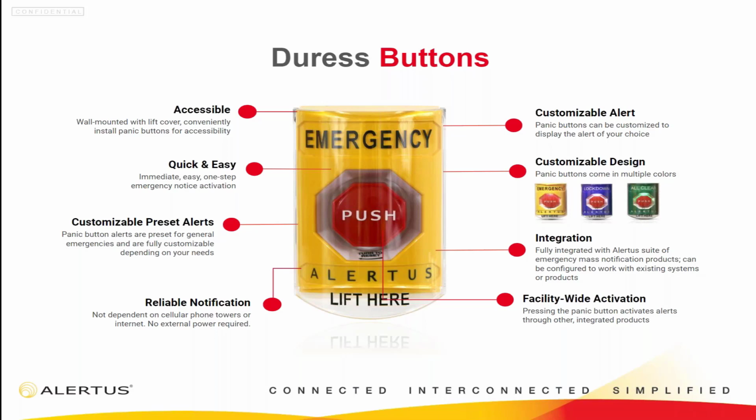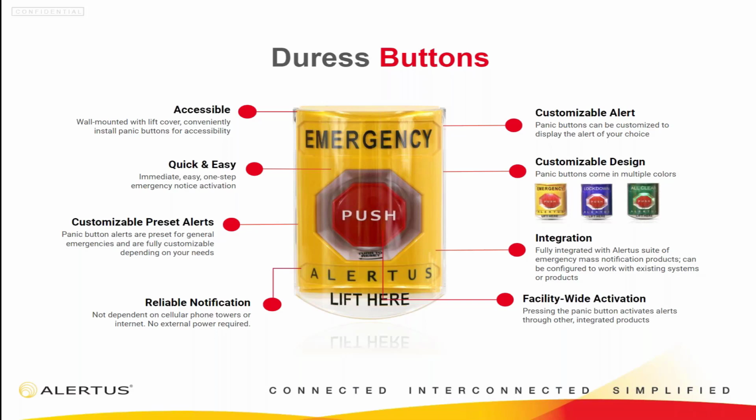If you have areas where you feel that you may be vulnerable, maybe areas where you keep chemicals or where there's large transportation vehicles present, and you have those typical high risk areas where you want to give your staff the means to communicate quickly and effectively, the duress buttons do just that.